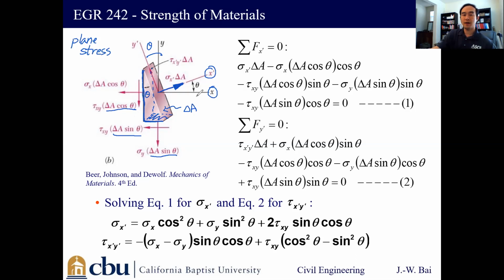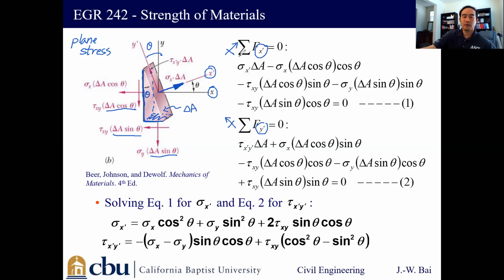So when you define all these force components on three different surfaces, you apply the equilibrium equations: the sum of all the forces in two different axes. Now I apply the equilibrium equations based on the x prime axis and y prime axis. This is going to be my positive direction, and this is going to be my positive direction for all the forces.